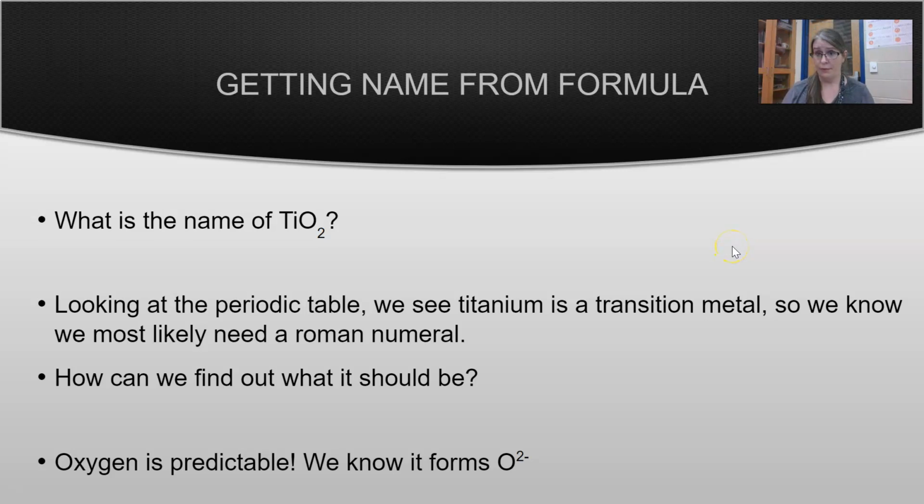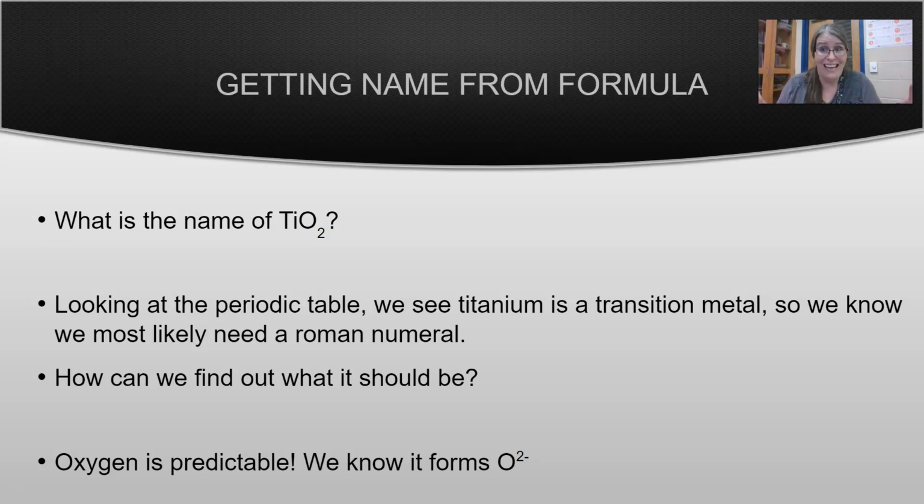So getting the name from the formula, let's look at this titanium compound. It's a binary compound of titanium and oxygen. So on the base, it should be titanium oxide. But if we look at the periodic table, we see that titanium is a transition metal. So we're going to need to figure out what the Roman numeral is in the name.